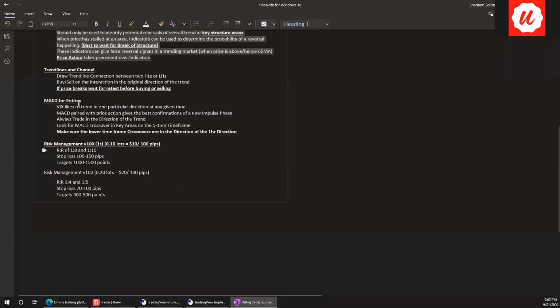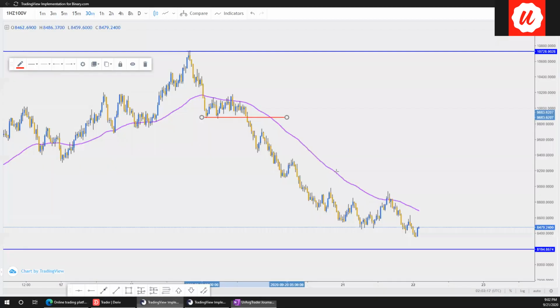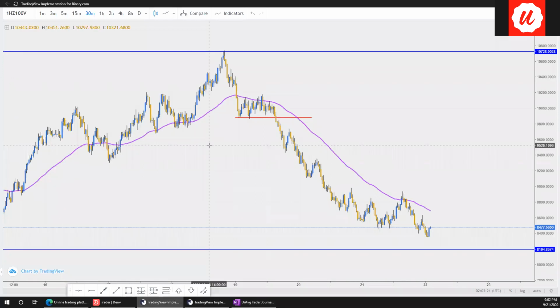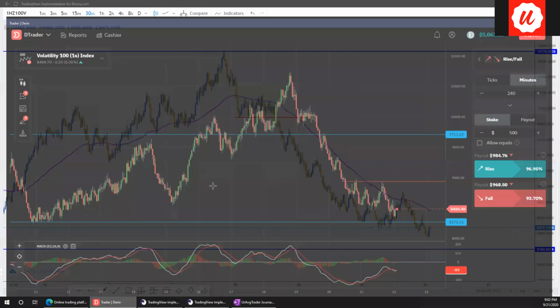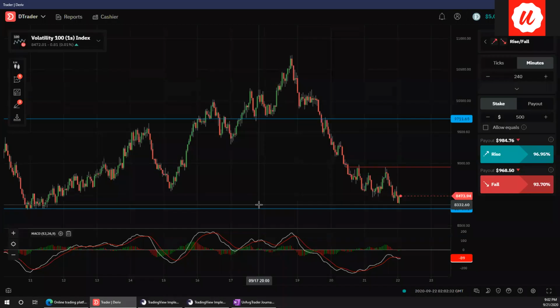All right, MACD, actually we're getting to it right now. The way the MACD looks on TradingView and MetaTrader, I understand it, but we use the MACD off of the trading platform from the Riv. This is how it looks.